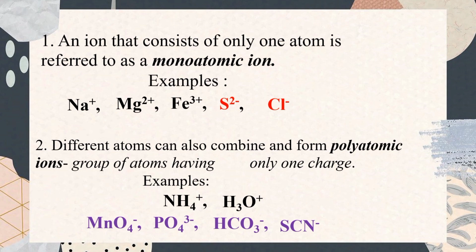You can see other examples of polyatomic ions or radicals in your periodic table. It is usually written at the bottom portion of your periodic table, labeled as charges and ions.